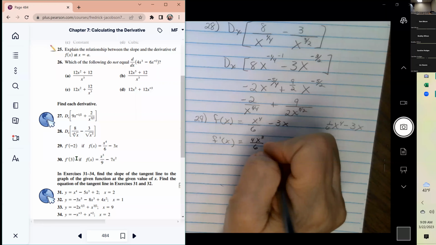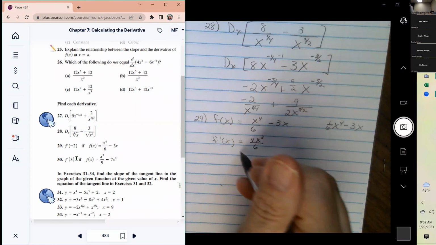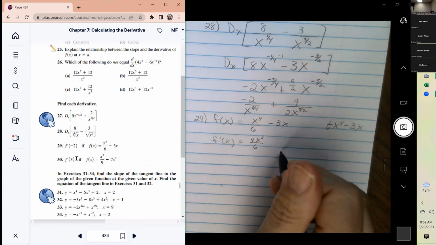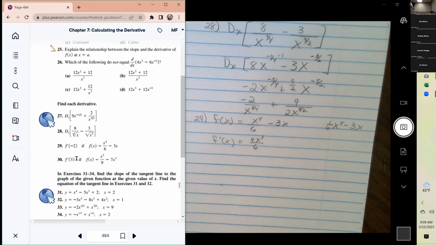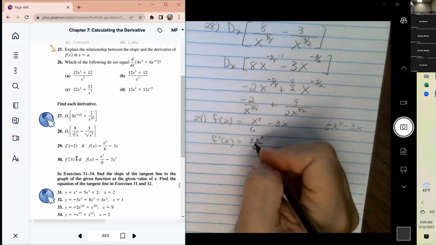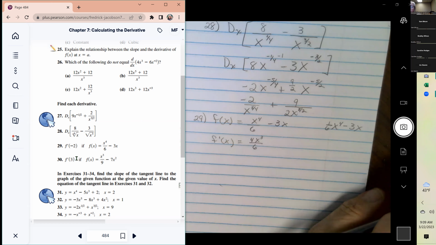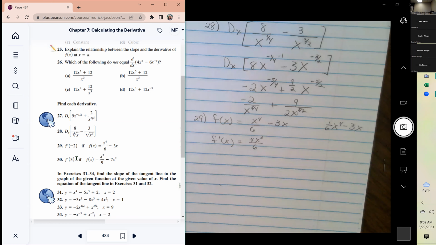If you're plugging the equation in, my math lab's going to want it reduced. I'm not worried a lot about reducing. I want to know that you know how to take the derivative, especially when we get into the next section with the more complicated fractions and reducing. So leaving 4/6, I would not take off, but my math lab will. It will tell you to reduce.